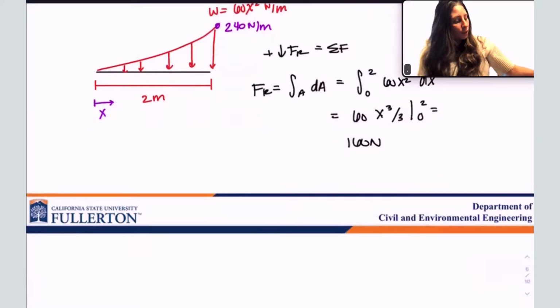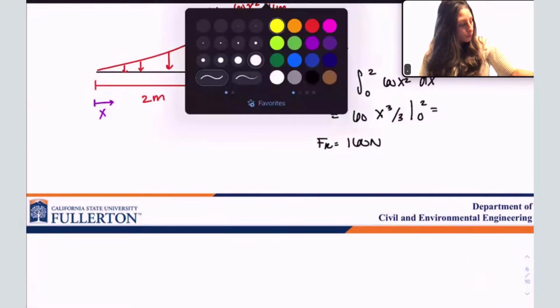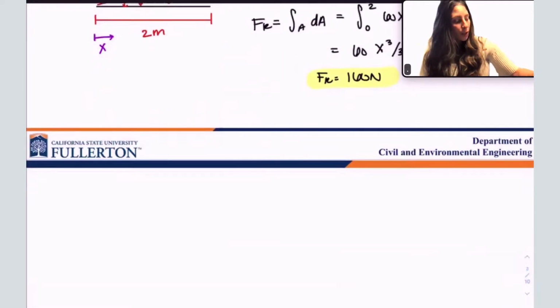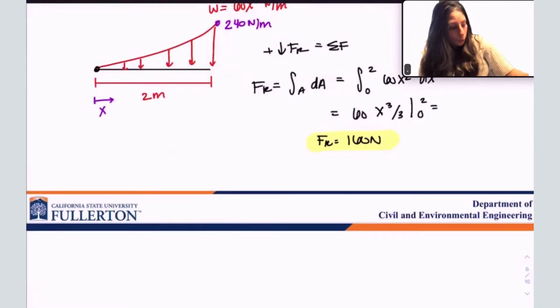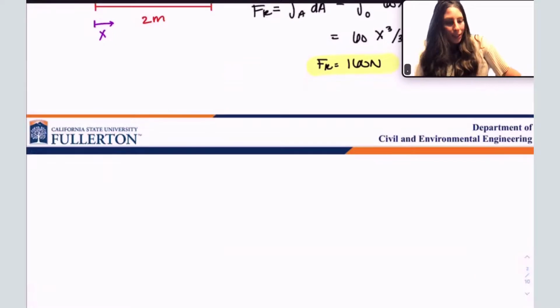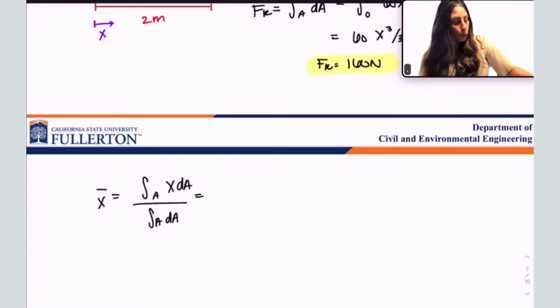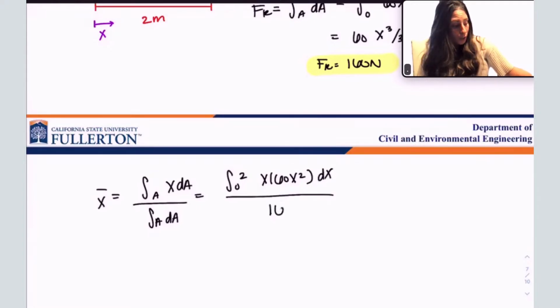Now, I'm not done because I also need the location of the resultant. I'm going to measure it from this starting point here, and I'm going to say x bar equals, rewriting the formula, the integral of x dA divided by the integral of just dA. That's equal to the integral from 0 to 2 of x times 60x squared, which was the W I was given, divided by just 160.